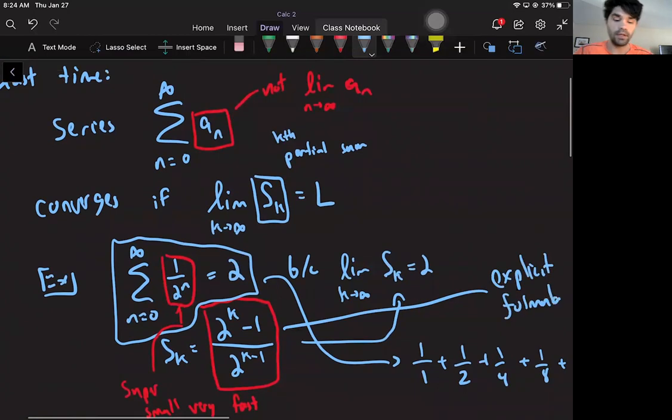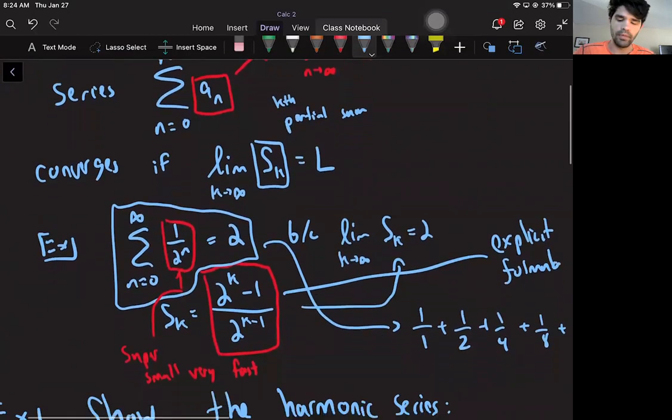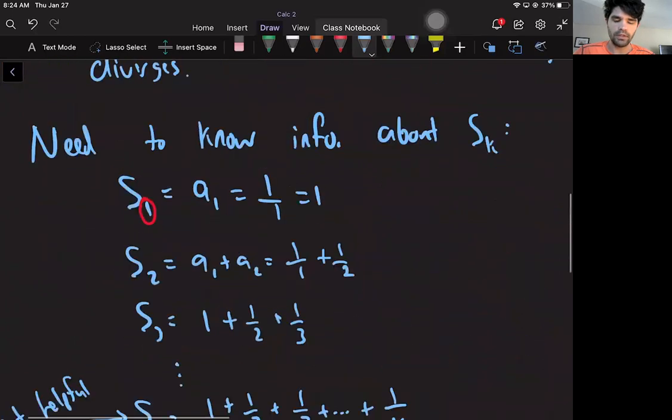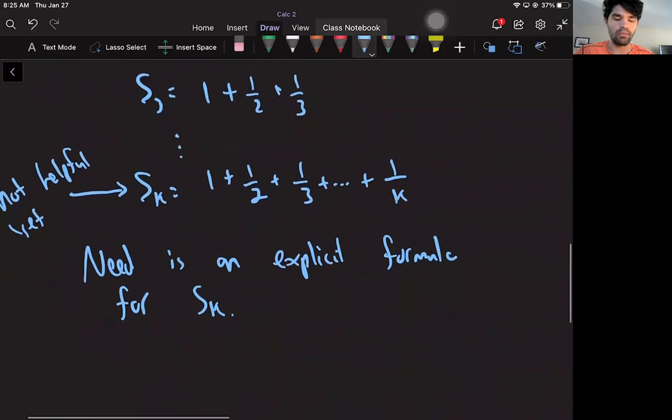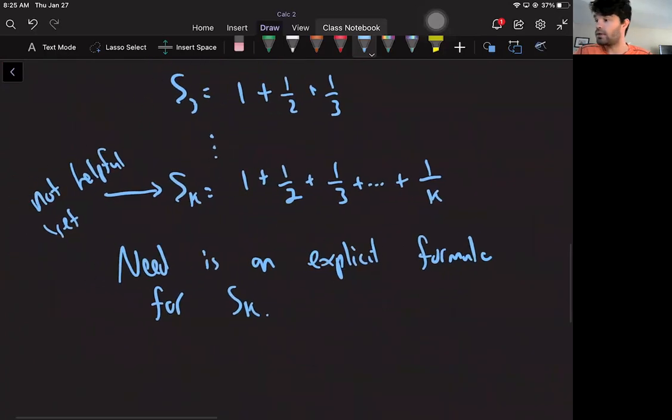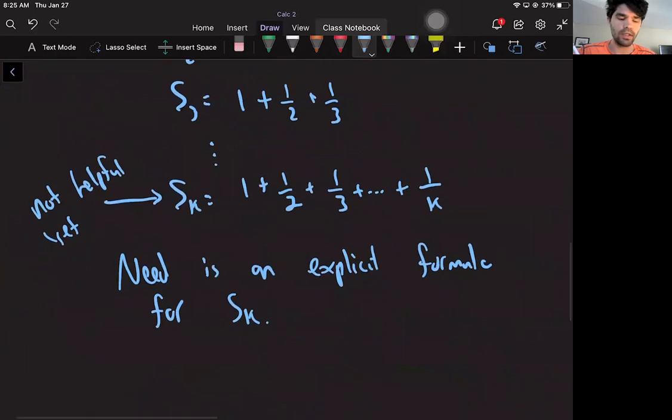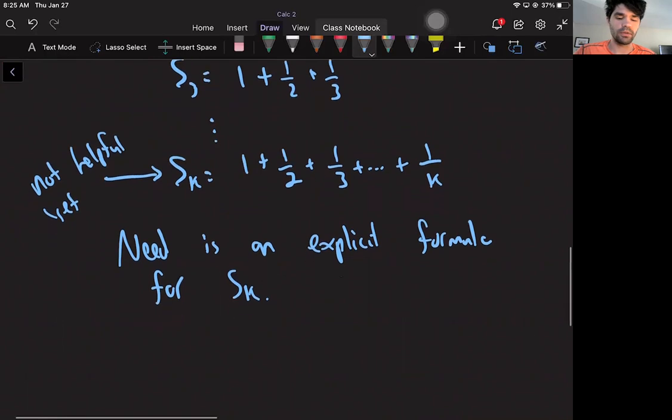That's something you can take the limit of as k goes to infinity, but this you cannot. You need a general form. So different problems require different methods for finding this thing. Sometimes it's too hard, which is why we'll learn some other stuff later. But in this one, it's sort of weird.